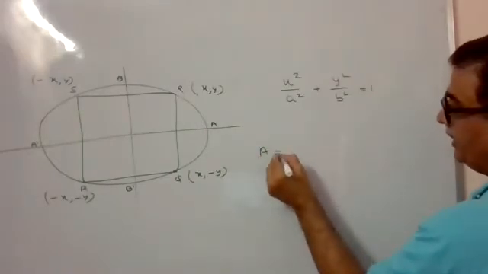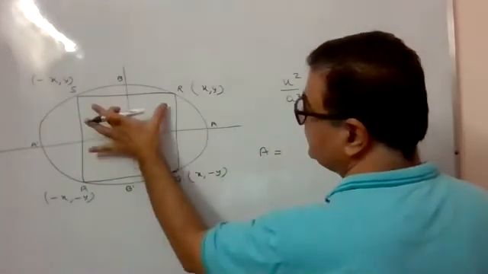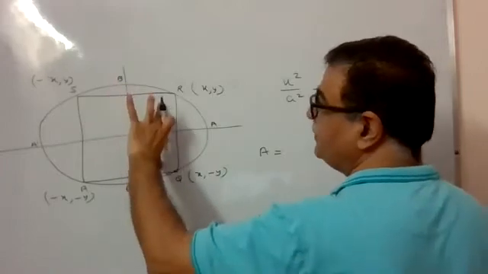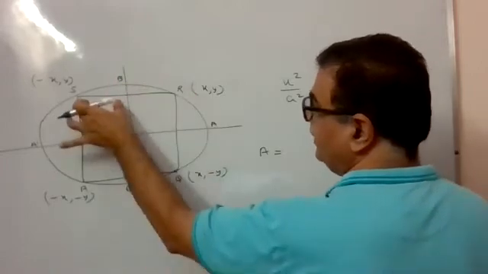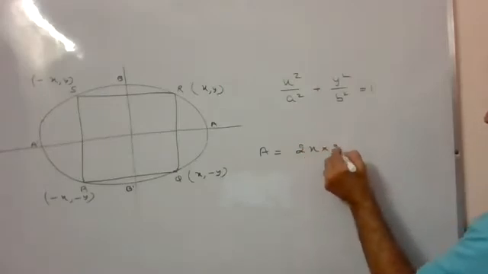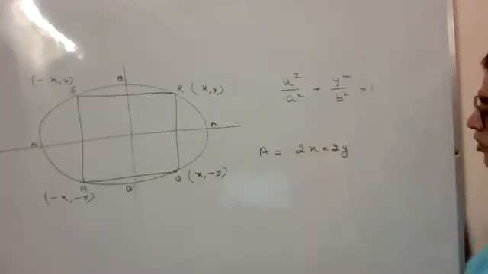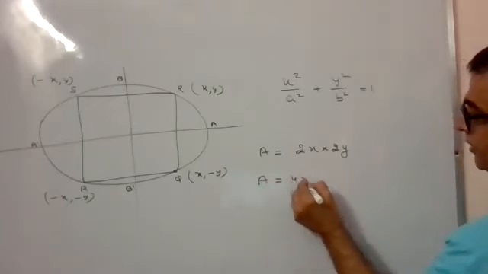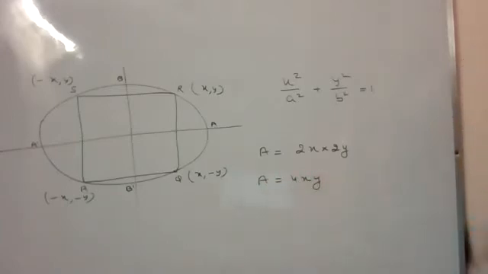And as you want the area to be calculated, this part is clearly 2x and this part will be 2y. Y and y 2y, x and x 2x. So the area comes out to be 2x into 2y, or I should say area comes out to be 4xy. And how to do it now? Square of this better you convert.